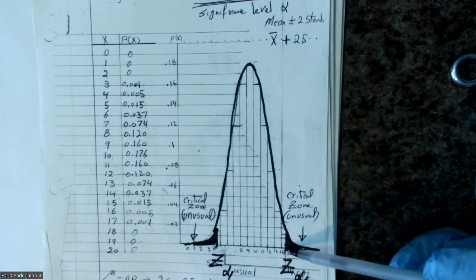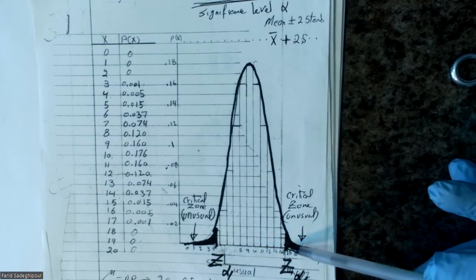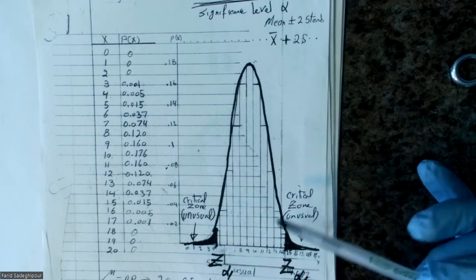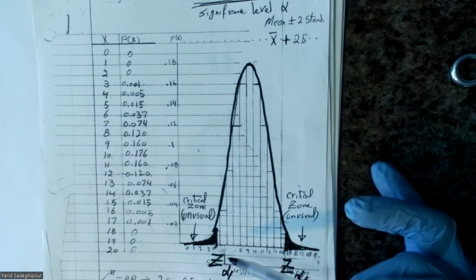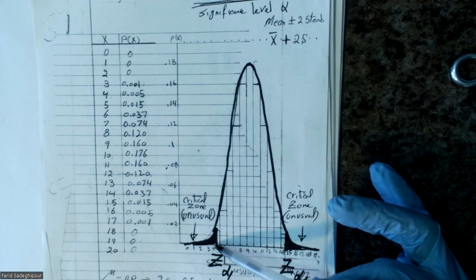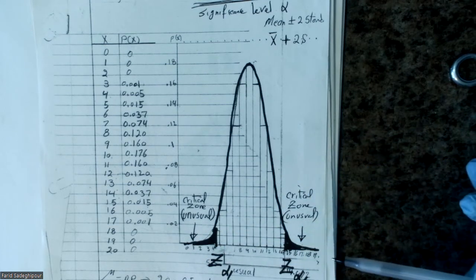So there are 2 border points. When you go beyond it or below that, it's very, very unusual. Like it's very unusual to have 4 and less or 15 or more girls.